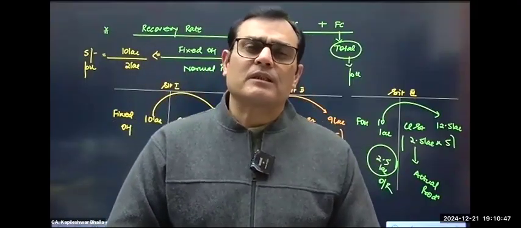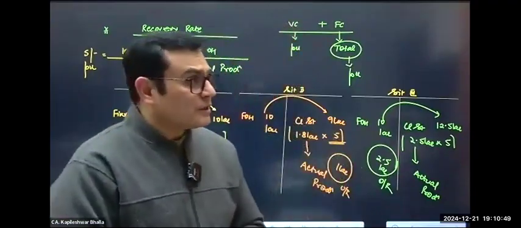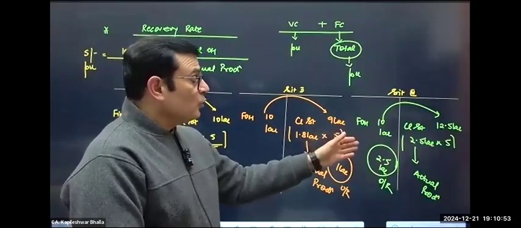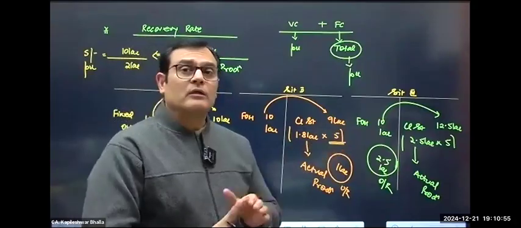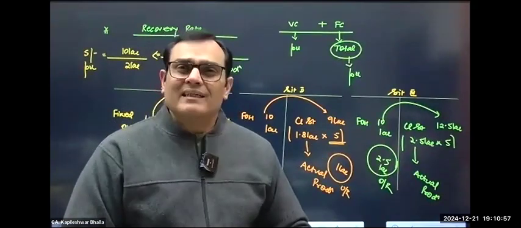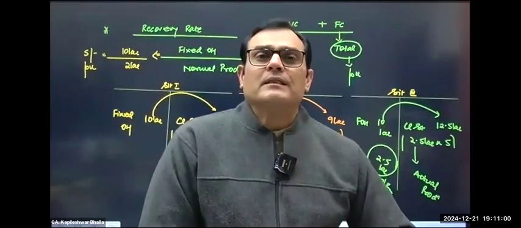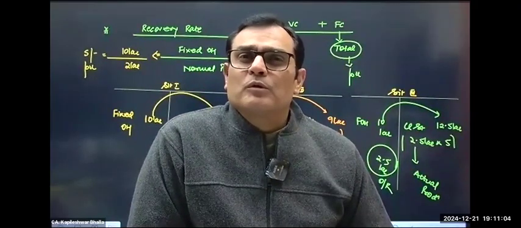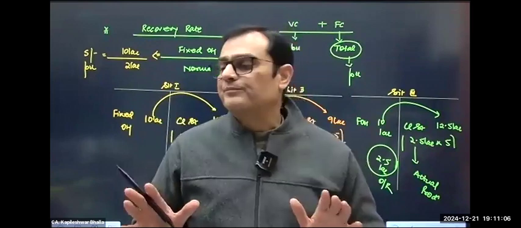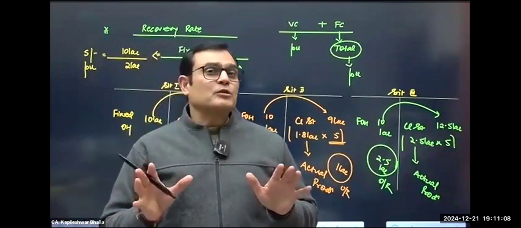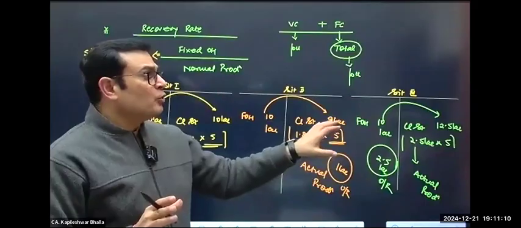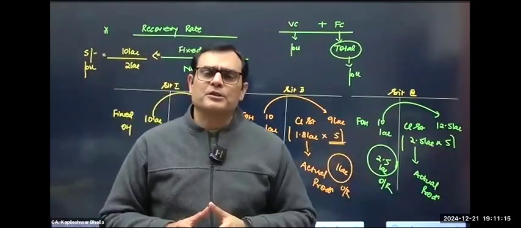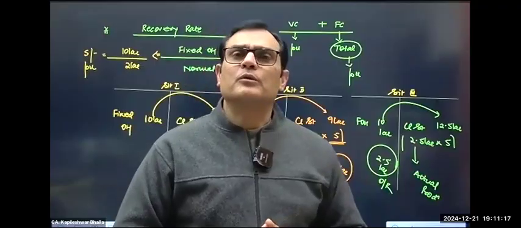So standard setters started thinking that one of the most dangerous situations is this. If the company knows that the recovery rate is based on normal production, anybody having a reasonable mind will say, let me always prove that actual production is more than normal production. Am I making sense? Anybody would start manipulating: if I know that I can get a profit without sale, let me say that my normal production is 2 lakh and my actual is more than 2 lakh.